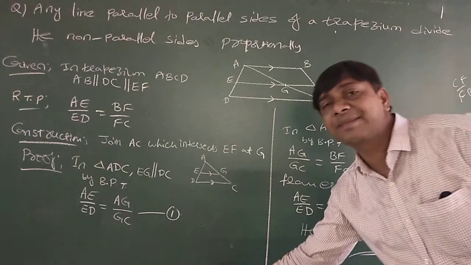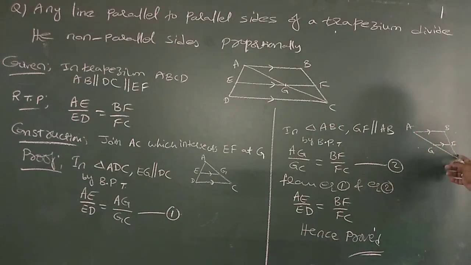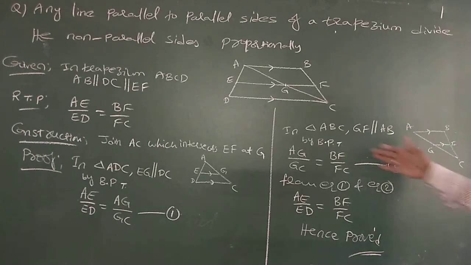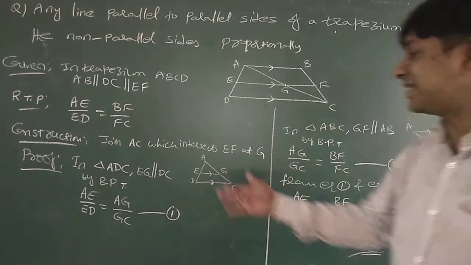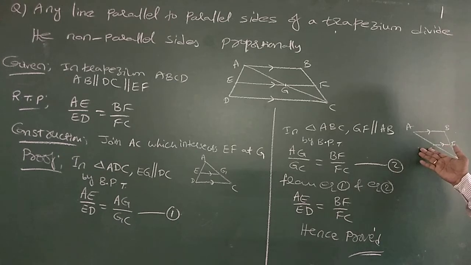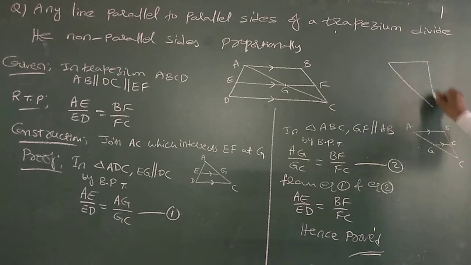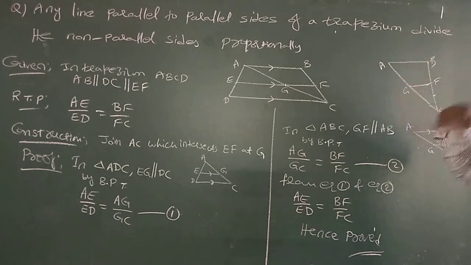So in the second triangle, CF by FB is equal to CG by GA, and when you take the reciprocal, again AG by GC is equal to BF by FC. As per my requirement, I need AG by GC.